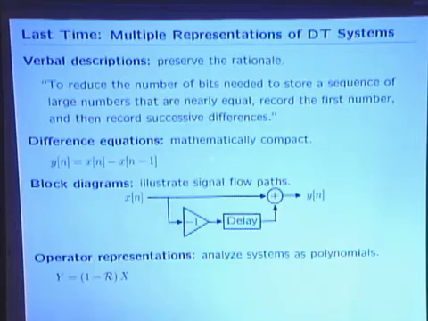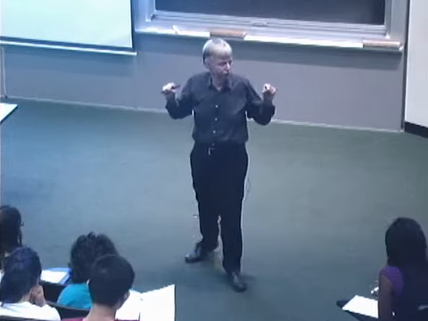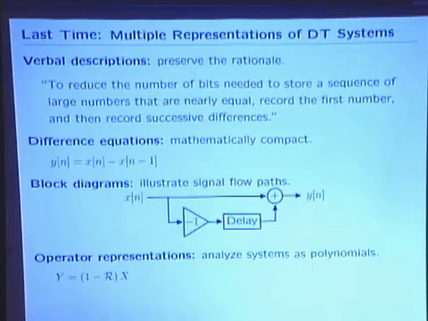That's very good. We looked at block diagrams. That was good because we could trace the flow of information through the network. And we looked at operator representations, and they were nice, and we will see further today how that's nice. They are nice because they allow us to think about a system in terms of polynomial mathematics.